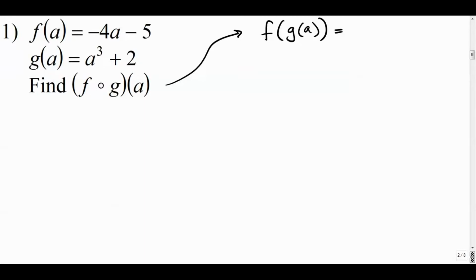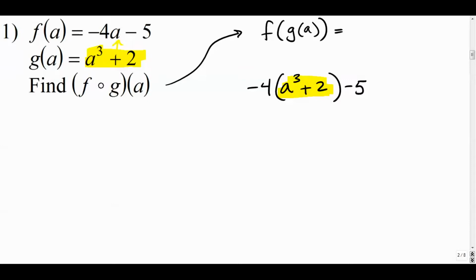I like to write it in that notation because that helps me see that I need to write my function f, but instead of using this a right here, I need to use this entire function g and put it inside of a. So in other words, a to the third plus 2, and then I finish up with the rest of the f function.